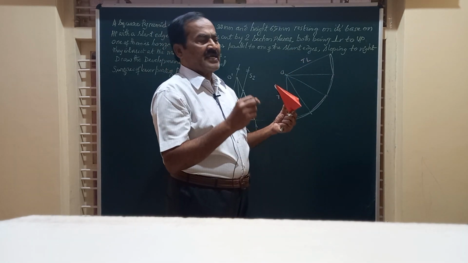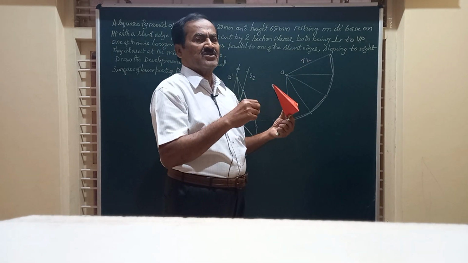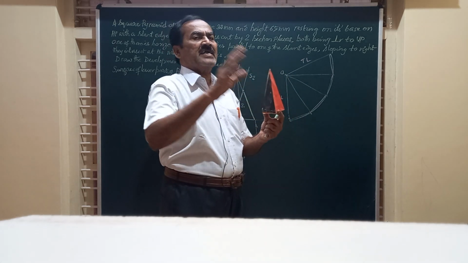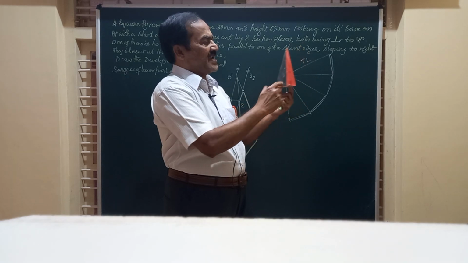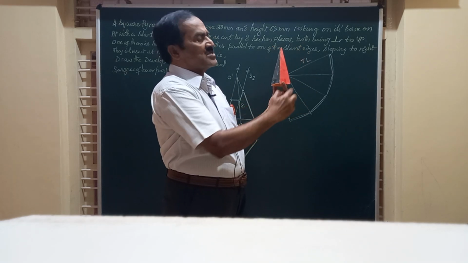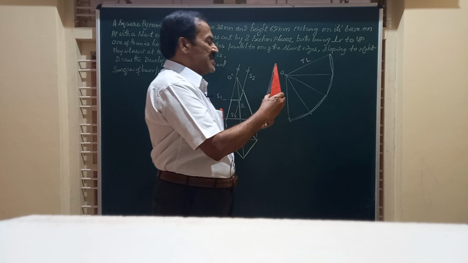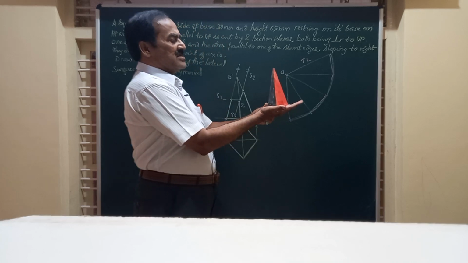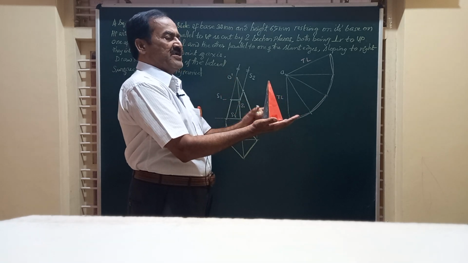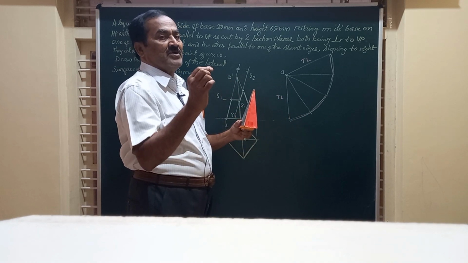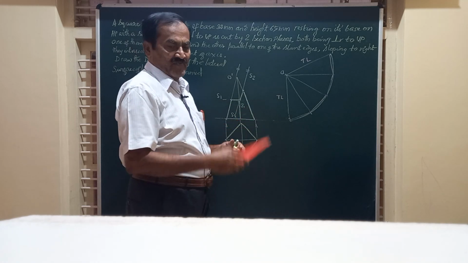And it is said in the question it is resting on HP such that one of the slant edges is parallel to VP. So this OA is one of such slant edges, OC is one such slant edge. So we have to place the object on HP such that all the four base edges of the pyramid are equally inclined to VP. That is at an angle of 45 degrees.